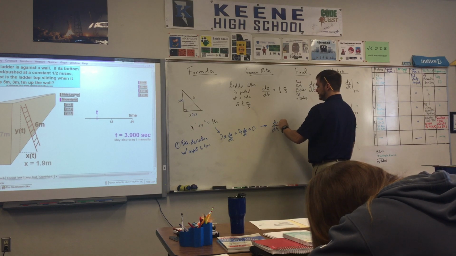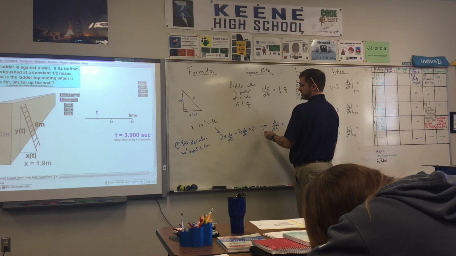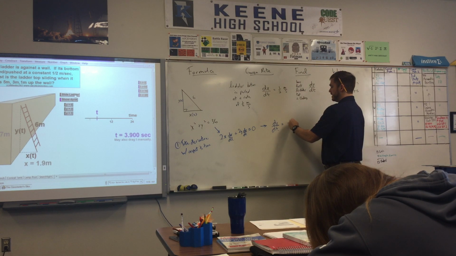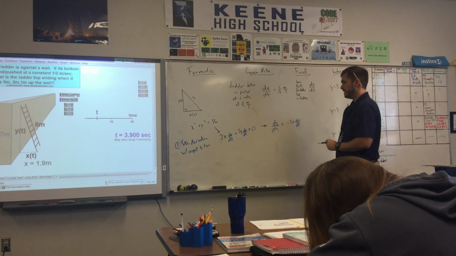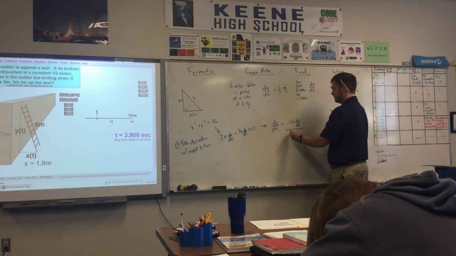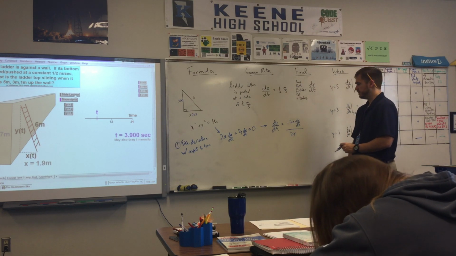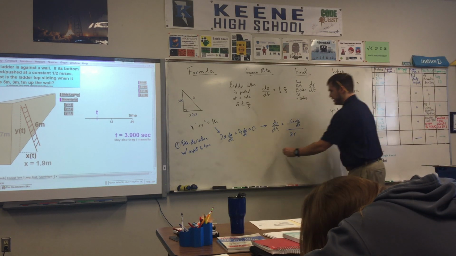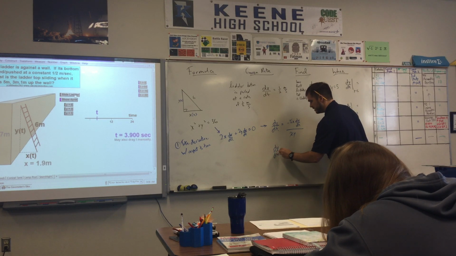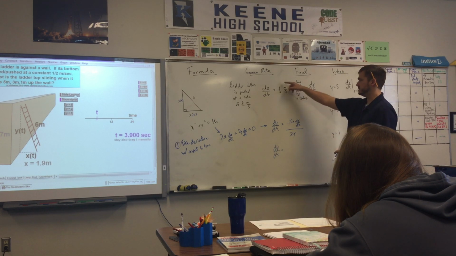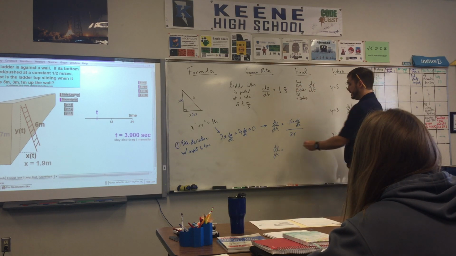So dy over dt equals, subtract 2x dx from both sides, so it's going to give me negative 2x dx over dt, and then divided by 2y. Now the 2's cancel. And dx over dt is 1/2 meters per second, so I can plug that in.